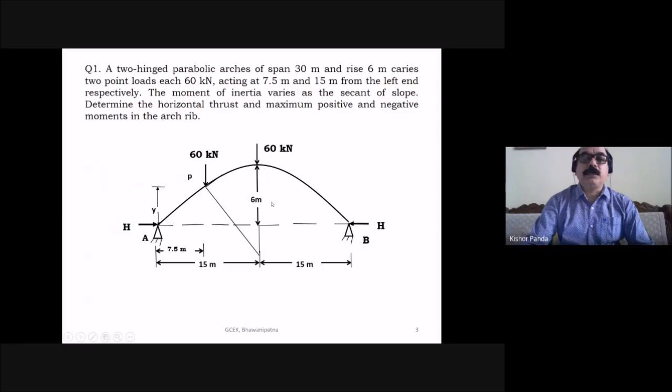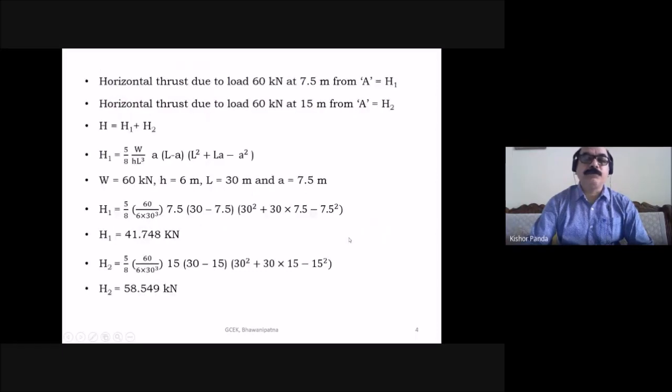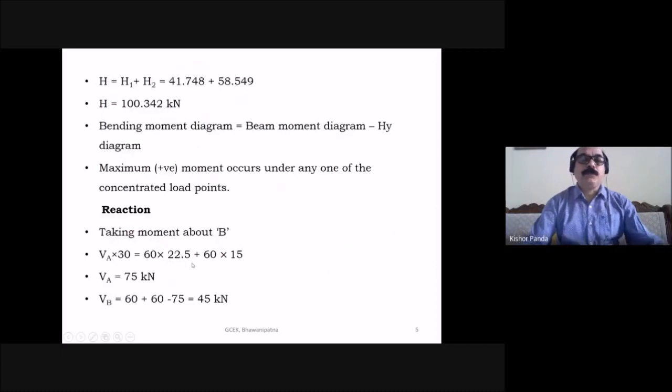So 60 into this distance, 15 meter, plus 60 into this distance, 22.5 meter. VA into 30 is equal to 60 into 15 plus 60 into 22.5. So you can find VA is equal to 75 kilonewton.